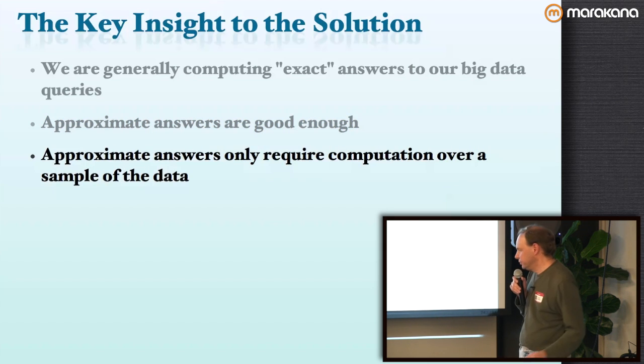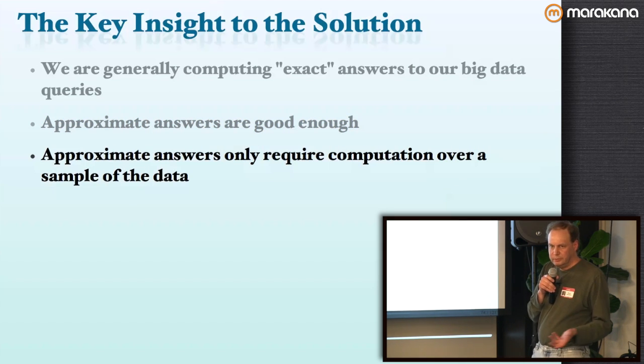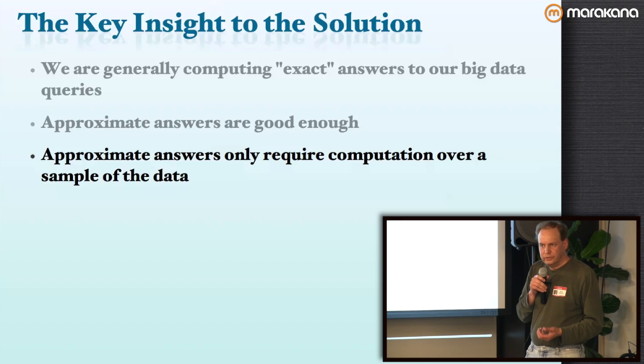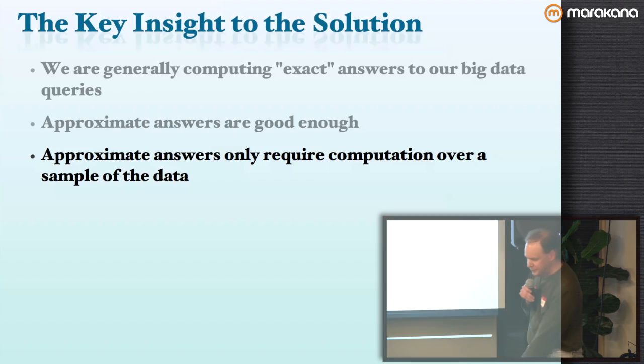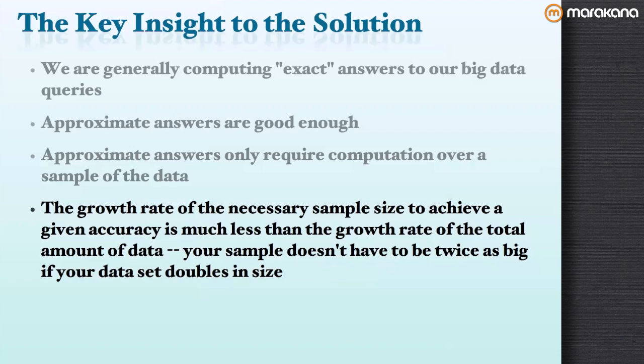And to create approximate answers, you don't need to be looking at the entire data set. You're going to be looking at just a sample. And what's really important is that the growth in the sample size needed to maintain a certain error bound actually occurs much slower than what Moore's law does.